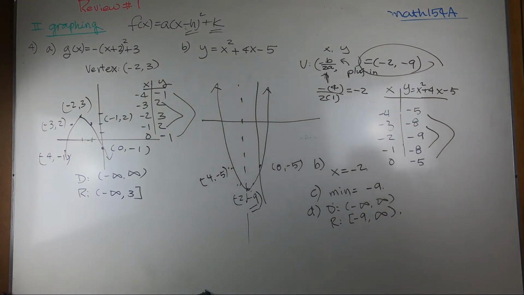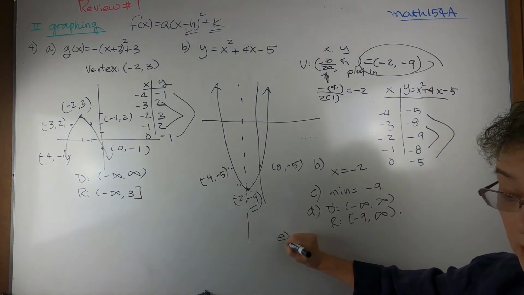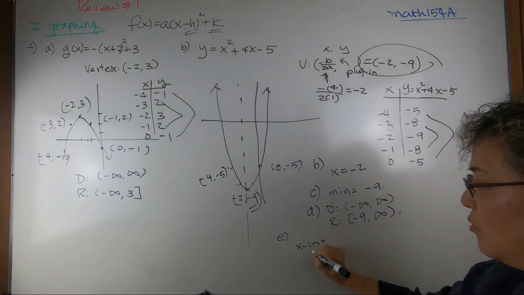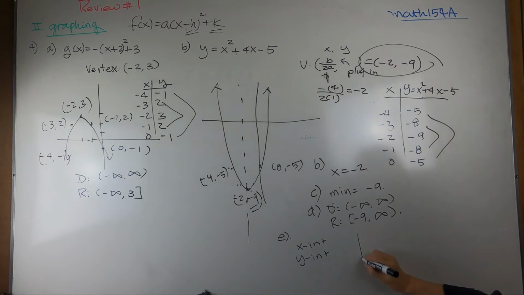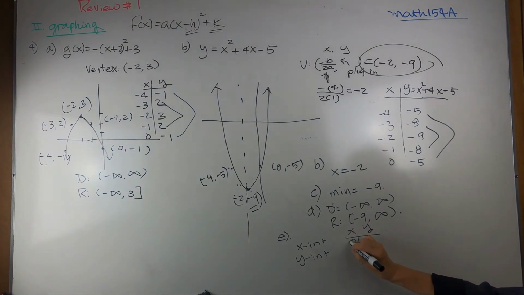One more thing we will ask you about is this one, okay? What's your x-intercept and y-intercept? How do you find those? So you use this, right? X and y. When x is 0, you find your y-intercept.